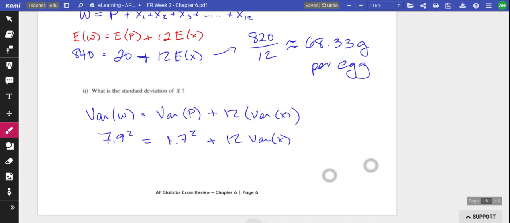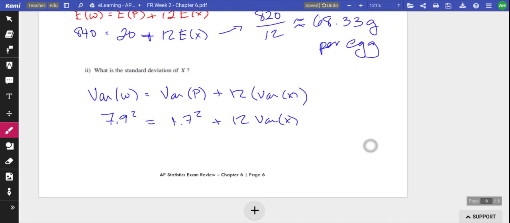So then you're going to do the math. You're going to subtract everything off. It's going to be amazing. It'll be wonderful. So then the variance for an egg is going to be your 7.9 squared.